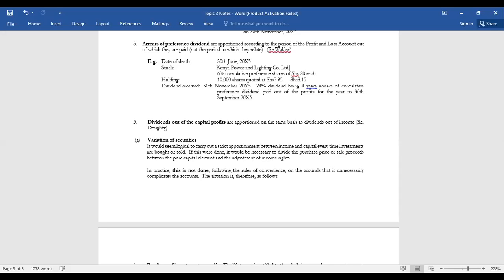But the period is up to 30th November, isn't it?